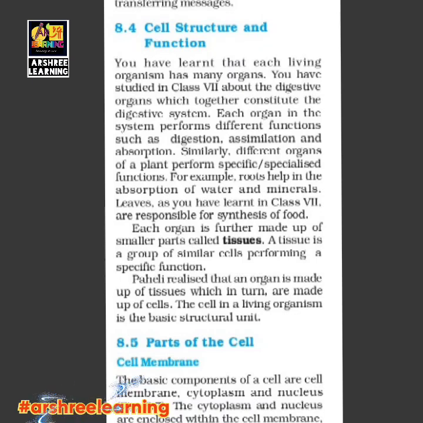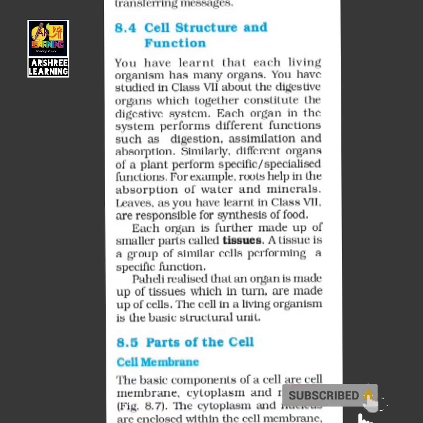Many tissues work together, join together to make an organ, and the organ has the same type of tissues which do the same type of work. So we have read that the smallest structural unit is the cell. Many cells combine to form the tissue and many tissues combine to form the organ.